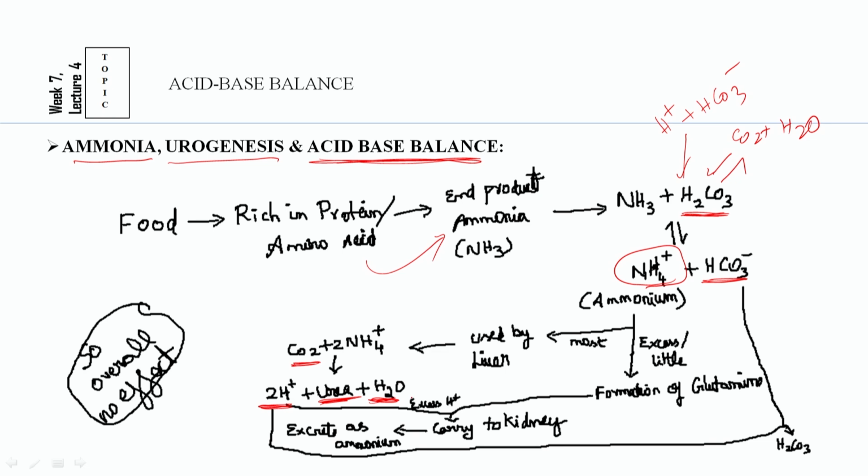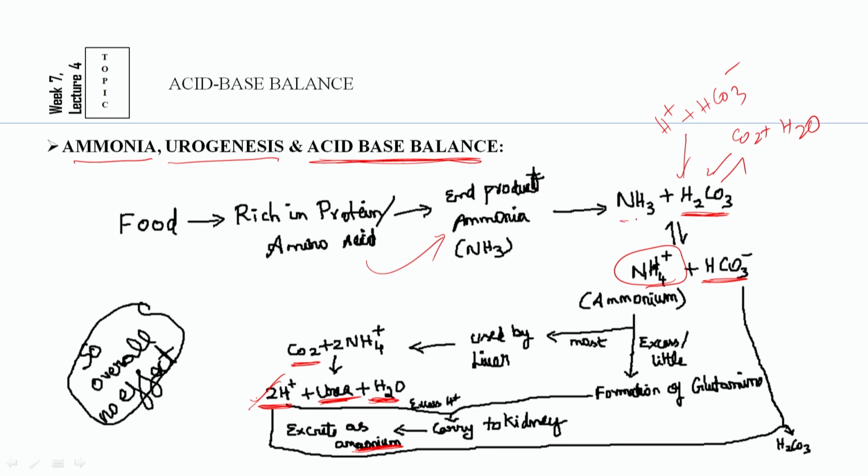On the other hand, a little amount of the ammonia will get converted into glutamine, where the glutamine reacts with the two excess hydrogen ions from this reaction and carries them to the kidney, where they will again be excreted as ammonium. So the overall effect of the ammonium is nil here. It is produced and then it is released, right?